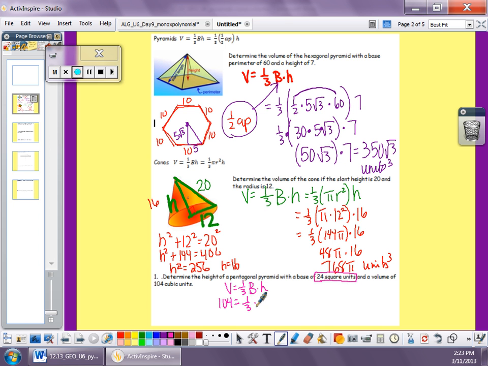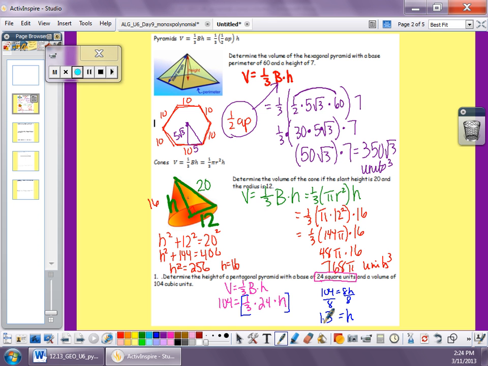This gives me 1/3 times 24 times h. I'm going to go ahead and get rid of this 1/3 here. So to get rid of the 1/3, you can take 1/3 of 24 to give you 104 equals 8h, divided by 8, h equals 13.